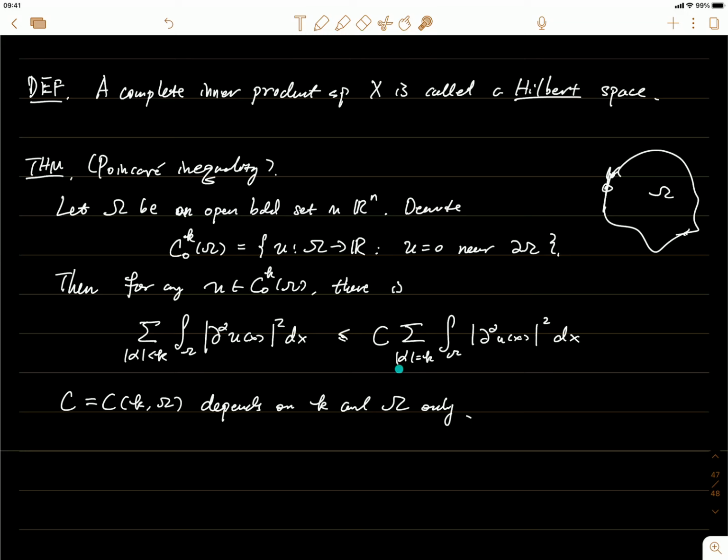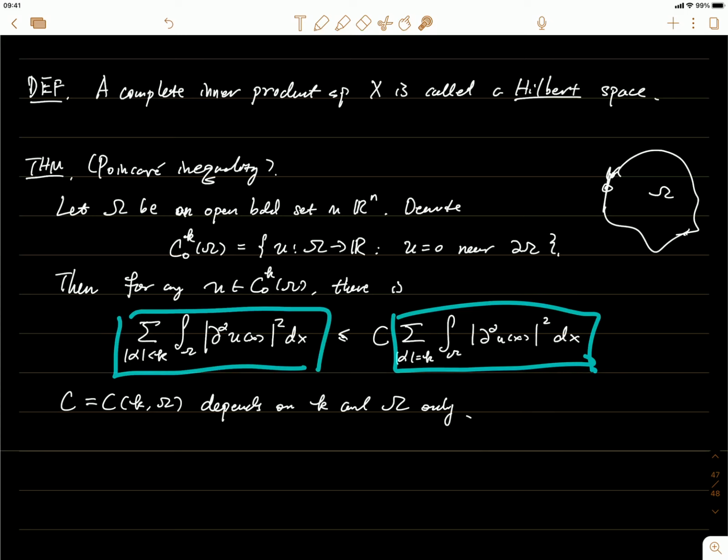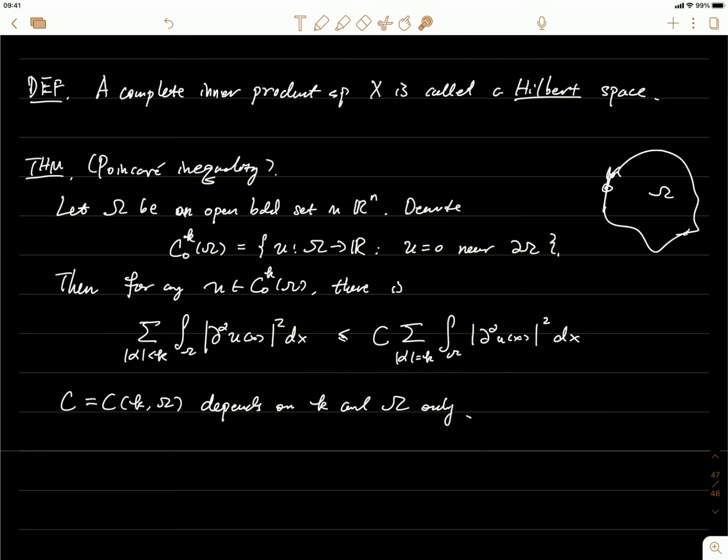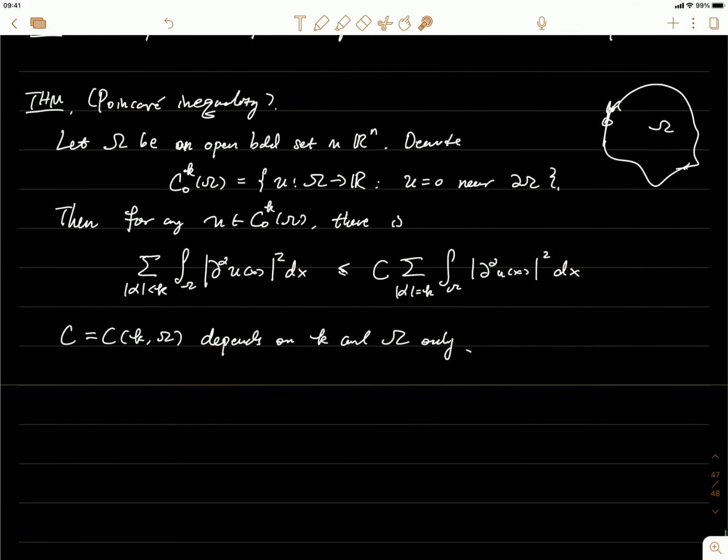These are all the highest order derivatives you can take. You take the sum of these, and you can use this to bound all the derivatives of lower orders. No matter how large k is, the order equal to k will be able to bound everything that is less than k. That's what the Poincaré inequality says. It's a very important inequality used in partial differential equations.